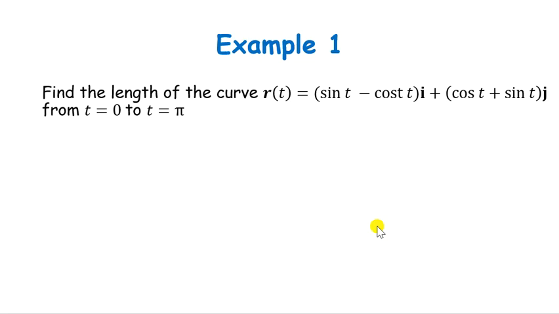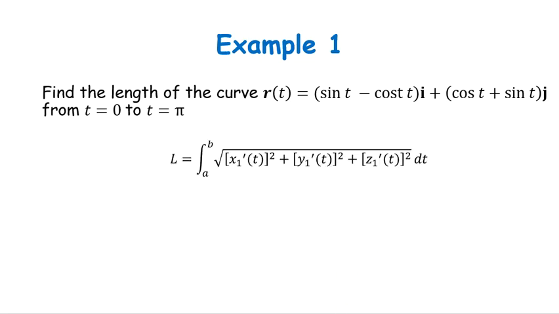Both are constant values. So you're going to use the equation that I just introduced, which is this equation. So we need to find the derivative of the vector function r(t).